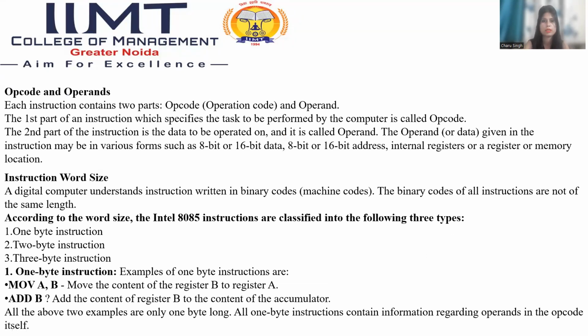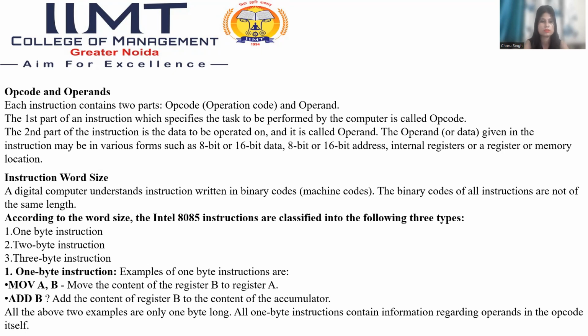The first part of the instruction, which specifies the task to be performed by the computer, is called the opcode, and the second part, the data to be operated on, is called the operand. The operand given in the instruction may be 8-bit or 16-bit data, 8-bit or 16-bit addresses, internal registers, or a memory location.